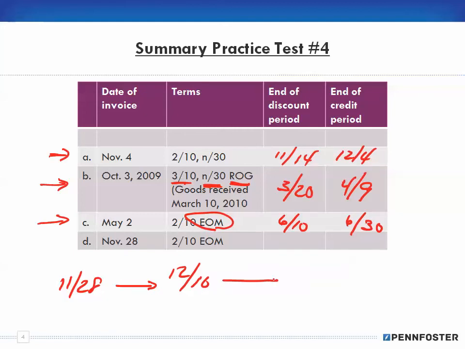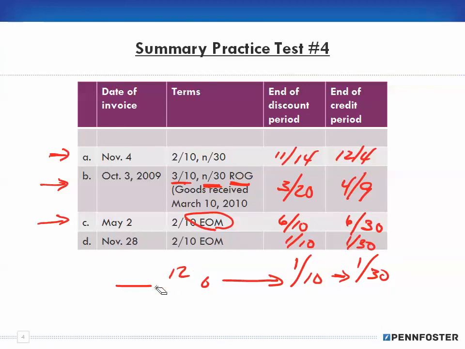We're actually given a whole extra month, so we don't have to worry about paying the invoice until January 10th. Okay, so that's when the end of the discount period is, January 10th. And of course, the end of the credit period would be the end of that month of January, so that would be January 30th. So that means the credit period ends on January 30th.